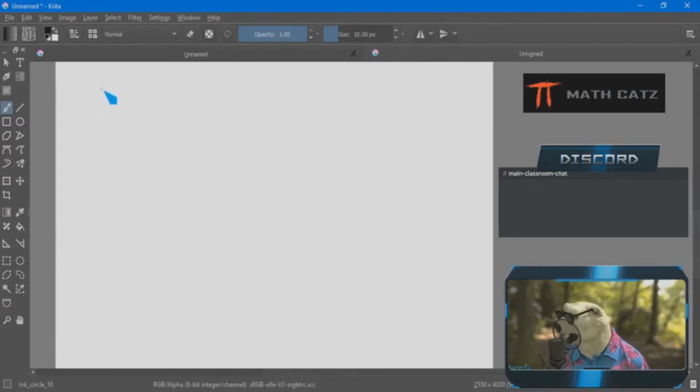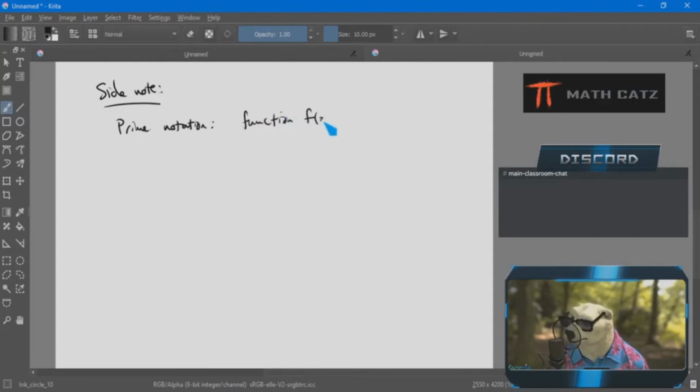Okay, so let's go on a side note here. Let's have a side note where I just want to explain the different ways we can write the derivative. One is the prime notation, where if we have my original function and it has a name, f of x, then the derivative function is called f prime of x.